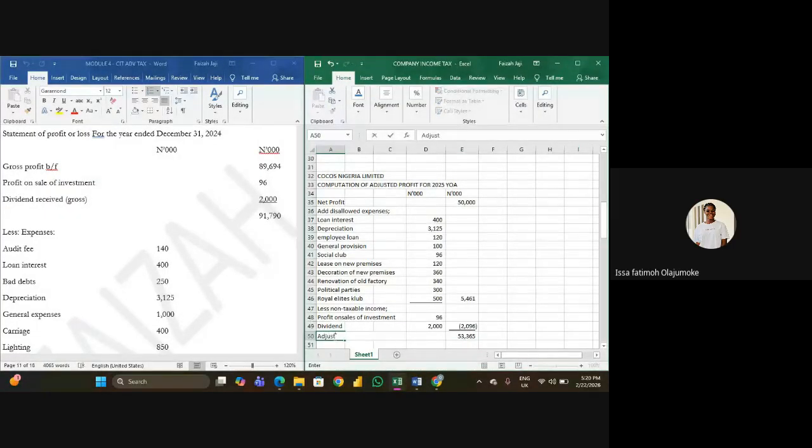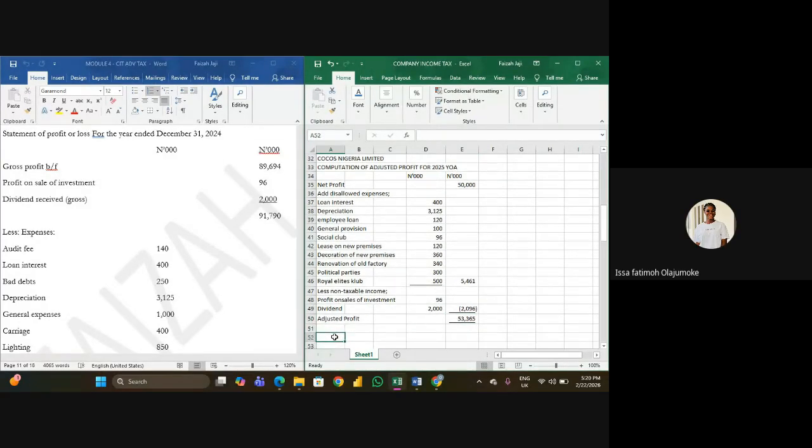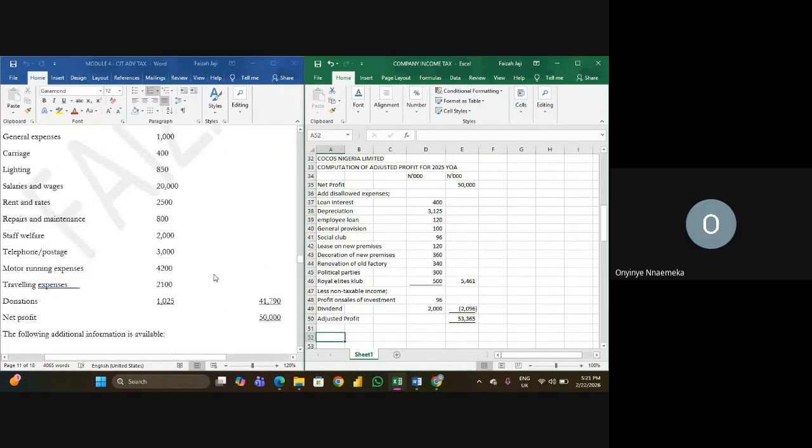Ma, the dividend, I thought we are only lessing the one that is net. This one is gross. No, I said if it's net, you less. If it's gross, you less. Don't change it from net to gross. You less whatever it is that is given in the question. Oh, okay, ma. All right. Thank you. So that's the adjusted profit.